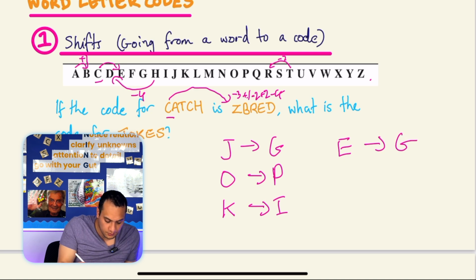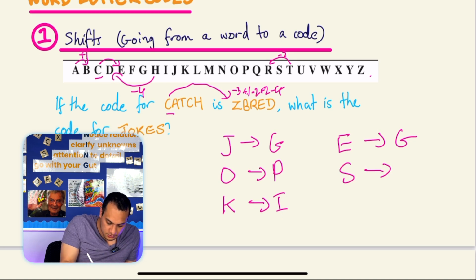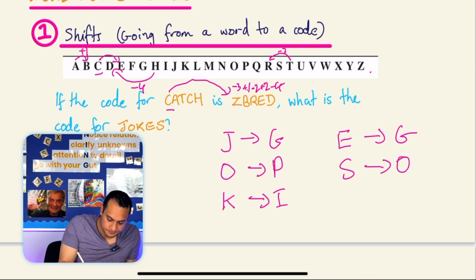So forward 2 from E will be G. And then from S, back 4, we're going to go to O. All right, so we get G, P, I, G, O.